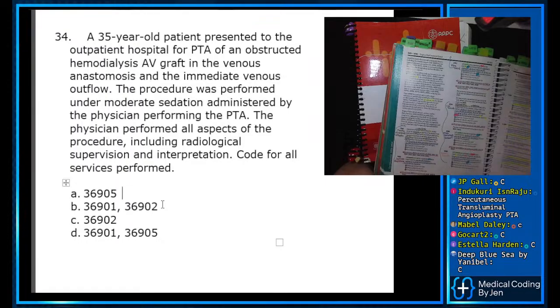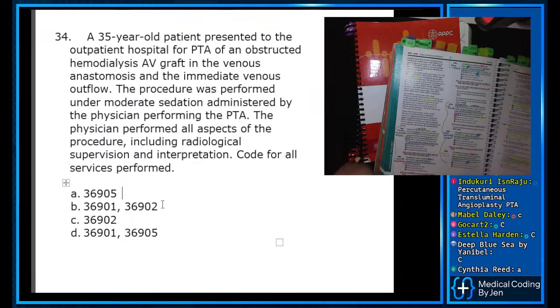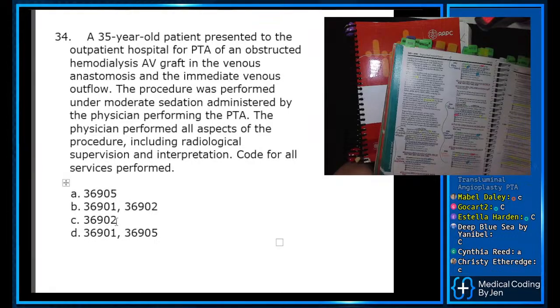So B absolutely has to be a coding irregularity, something you wouldn't do. 05 is not an add-on code, so we couldn't add it on to another parent code. So that looks like a coding irregularity to me too. So your only difference is between the 02 and the 05. The 02 is the cheaper of the two procedures, just because it's a smaller number.